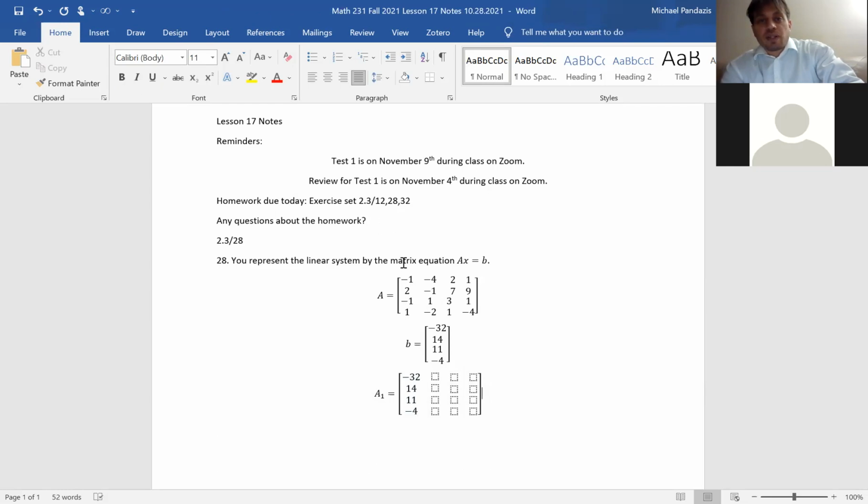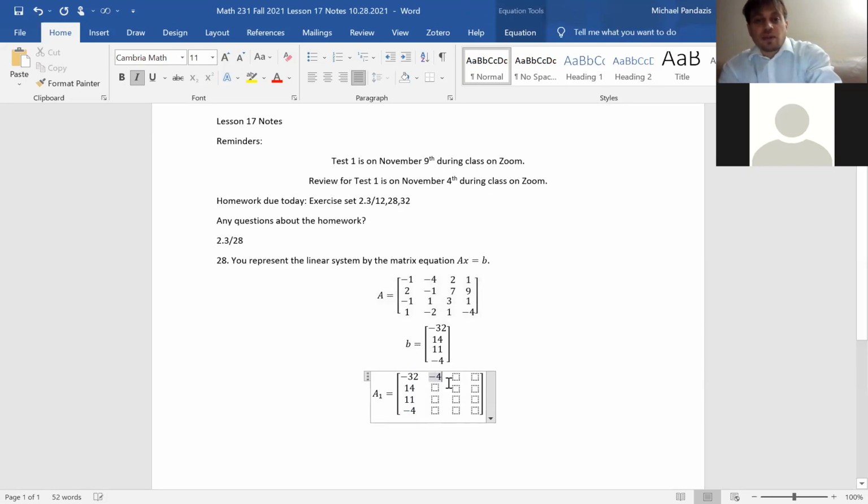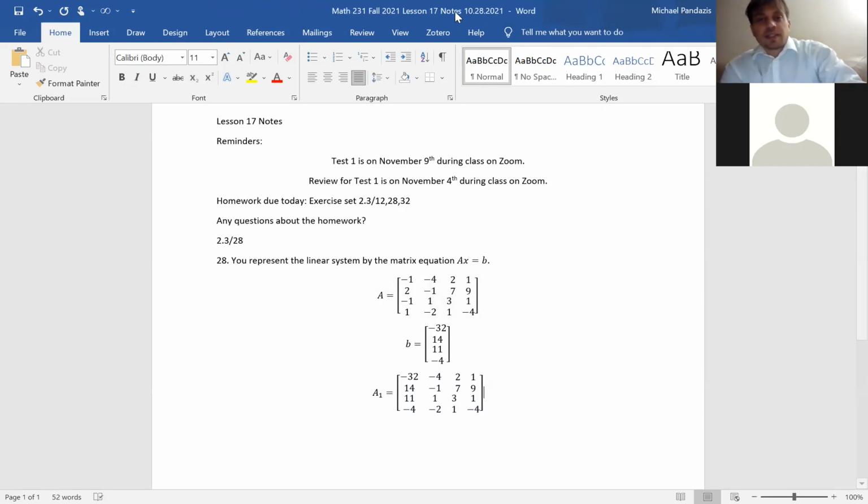Then the rest of A1 is the same as A. So the second column is -4, -1, 1, -2. The third column is 2, 7, 3, 1. And the fourth column is 1, 9, 1, -4. Does that make sense?